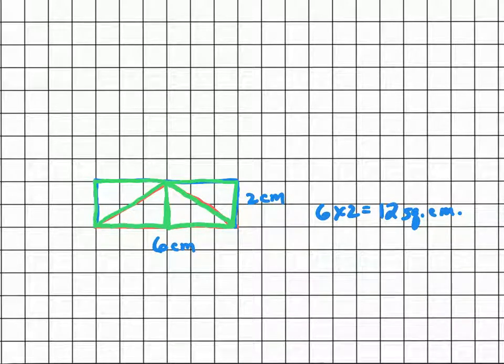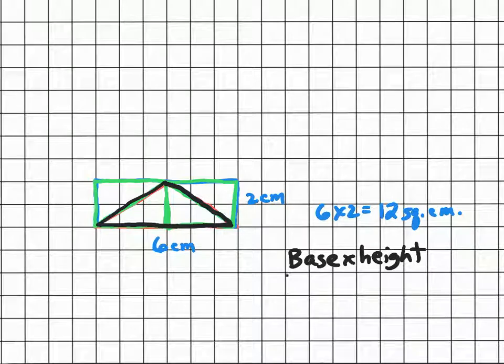So my triangle is exactly half the area of the entire rectangle. In order to find the area of a triangle, the formula is the base times the height, and then whatever you get, you're going to divide it by 2. So once again, 6 times 2 gives me 12, but I need to divide that 12 by 2, so I get 6 square centimeters for the answer.